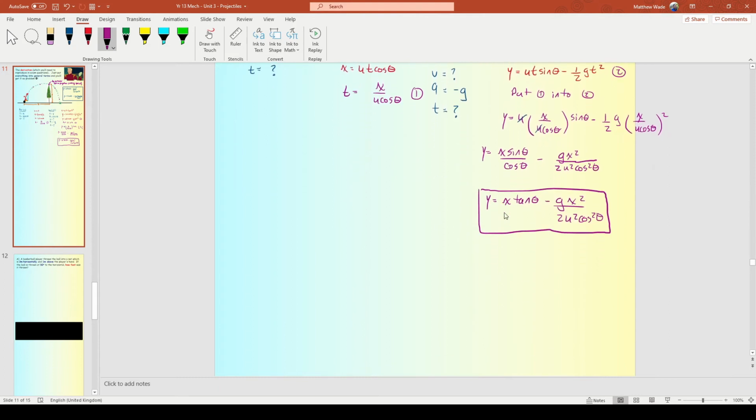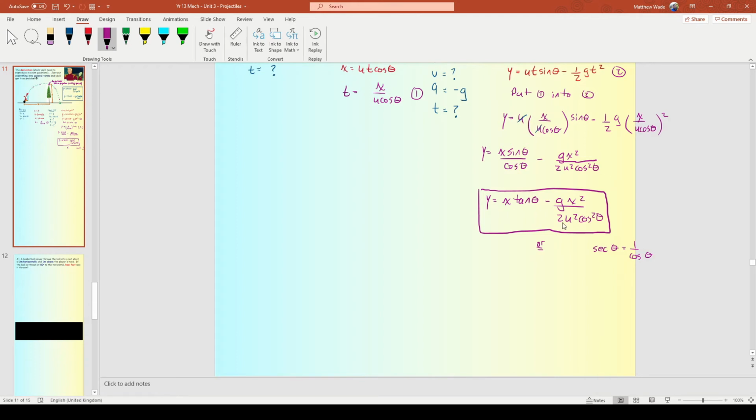There's an alternate though as well. You guys remember what sec squared theta is equal to? Well, yeah, it's 1 over cos squared theta, right? Which means sec theta is 1 over cos theta, right?